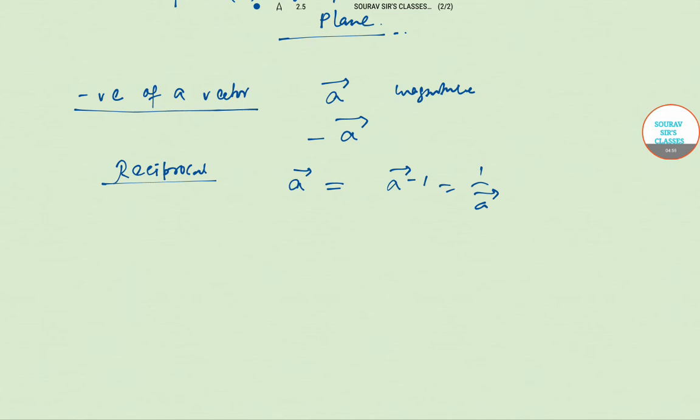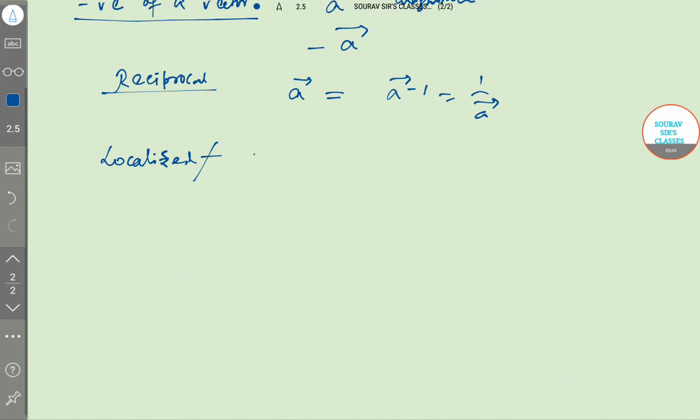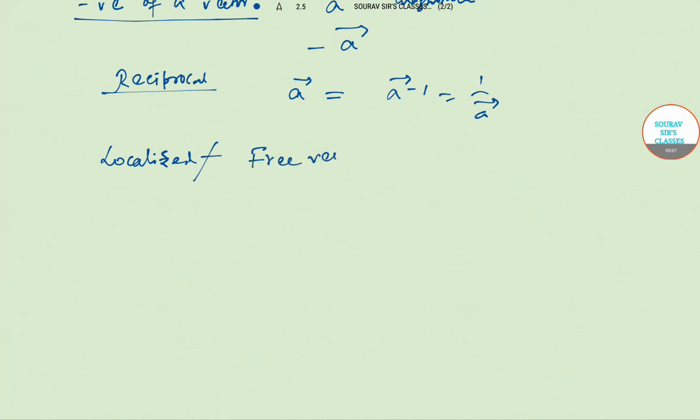There is another concept coming to my mind, that is localized and free vectors. A vector which is drawn parallel to the given vector through a specific point is called a localized vector.